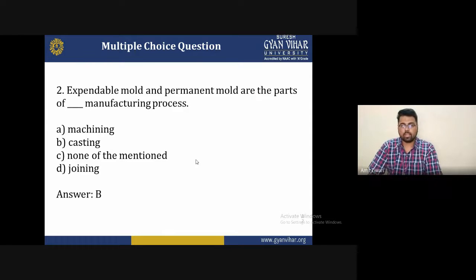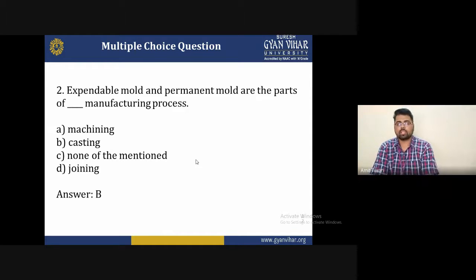Second one: expendable mold or permanent mold are the part of which manufacturing process? The options are A, machining; B, casting; C, none of the mentioned; and D, joining. The correct answer of this question is B, casting.